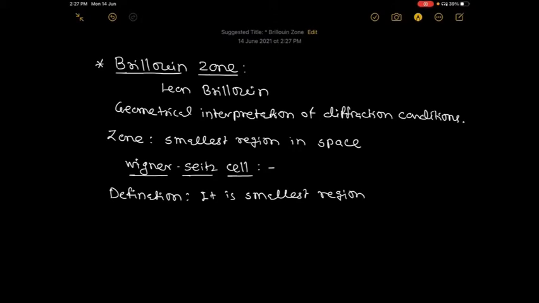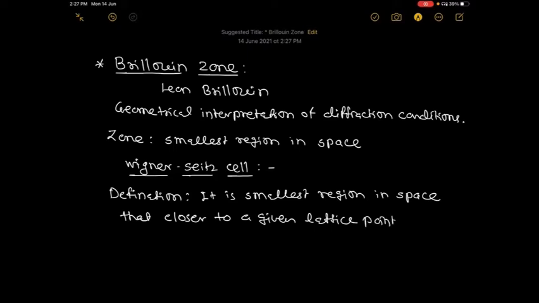It is the smallest region in space that is closer to a given lattice point than any other point.